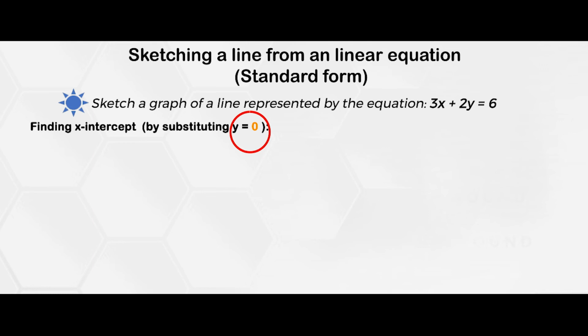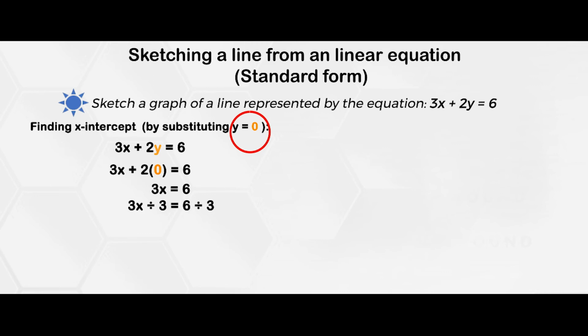So we take the equation 3x plus 2y equals 6. However, we now replace the variable y with the value 0. So we have 3x equals 6. However, we are not interested in the value of 3x. We need only the x. So how do we remove that 3 which is multiplied there? Yes, we divide.